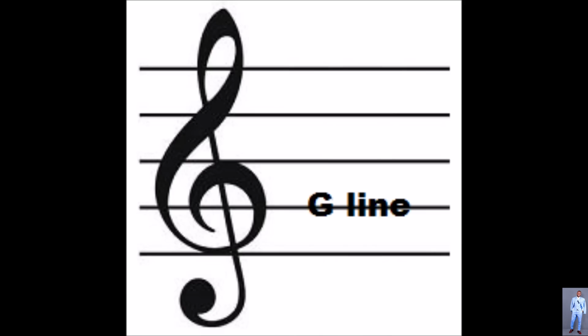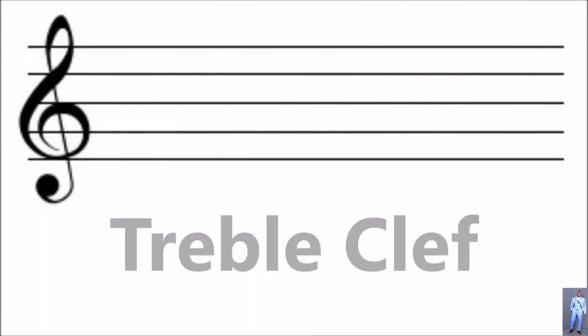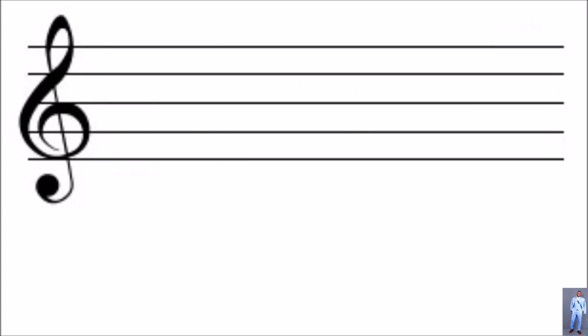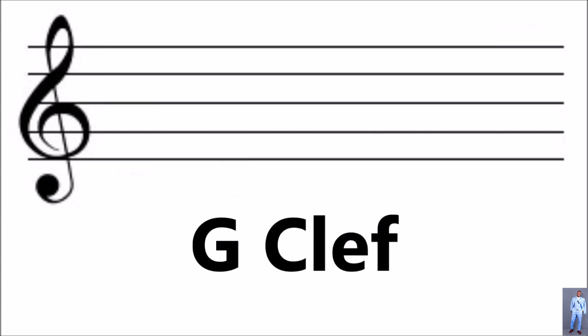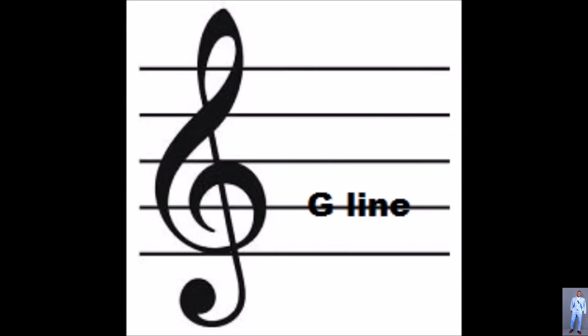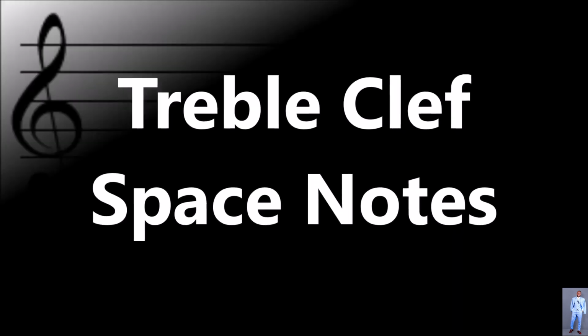Here we have a treble clef, and the second line is note G. Remember, treble clef is also known as a G clef. Put that in mind, because the G line identifies the rest of the notes, and it's always on line 2.